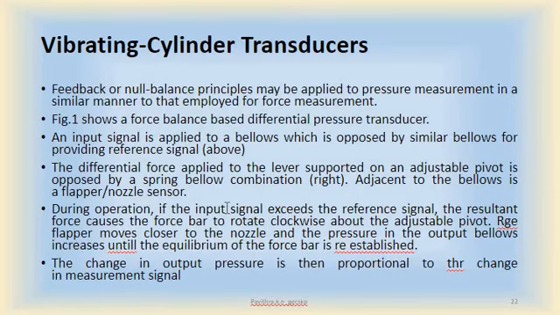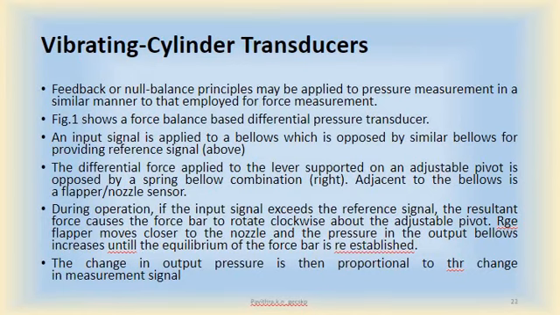If this input signal exceeds the reference signal, then the resultant force causes the force bar to rotate clockwise about the adjacent adjustable pivot. So the flapper moves closer to the nozzle as a result, and the pressure in the output bellows increases until the equilibrium of the force bar is re-established.